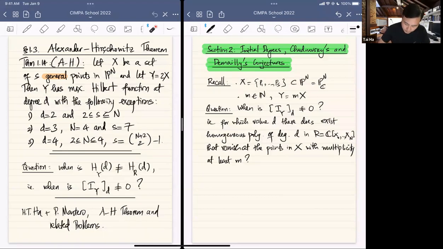For this, I'm going to focus on Section 2.1, initial degree. Here I'm going to start with a definition that captures what we are interested in.